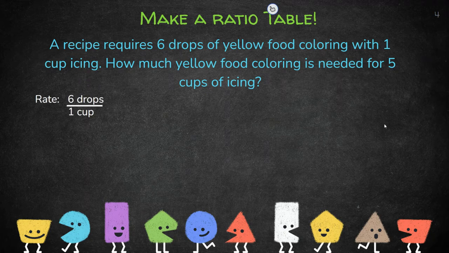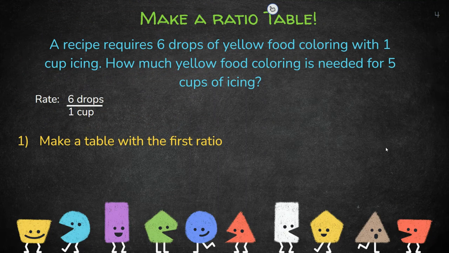How much yellow food coloring is needed for 5 cups of icing? So what I want you to write down is this rate. This is our starting rate of 6 drops for 1 cup. So the rate is, I want you to write down 6 drops to 1 cup. And now we can start our ratio table.